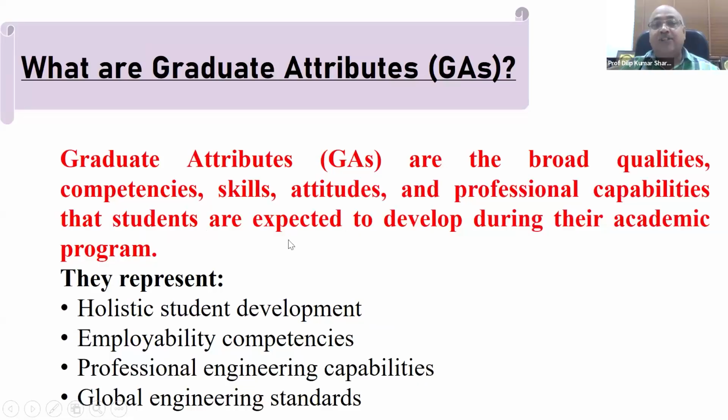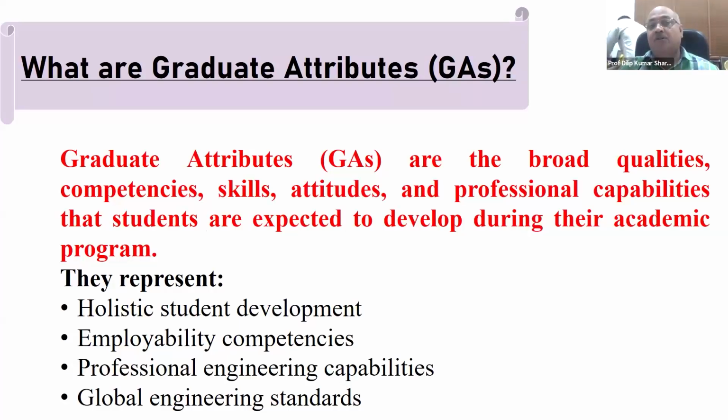I have already asked you: graduate attributes are the broad qualities, competencies, skills, attitudes, and professional capabilities that students are expected to develop during their academic program. Suppose he or she took admission in BTech or MBA, or any program which is going to receive accreditation from the National Board of Accreditation.